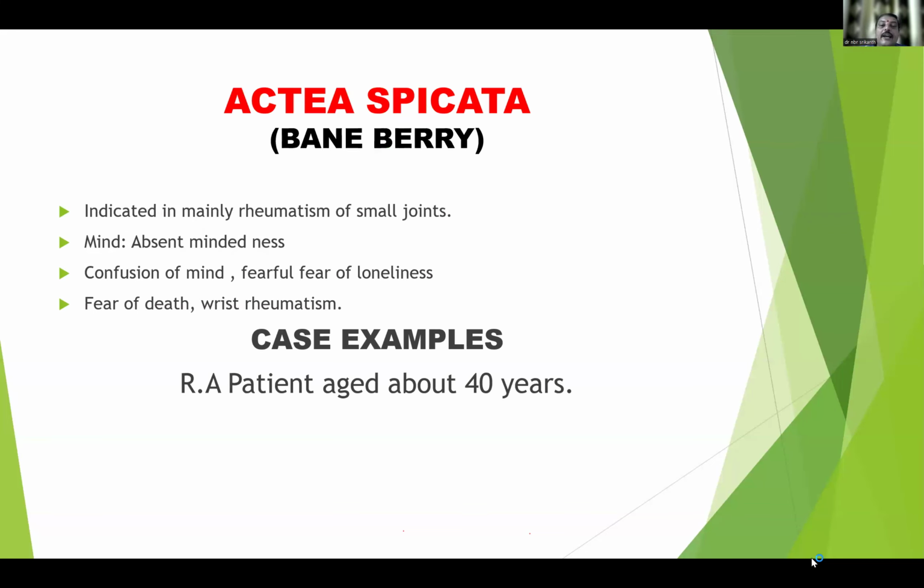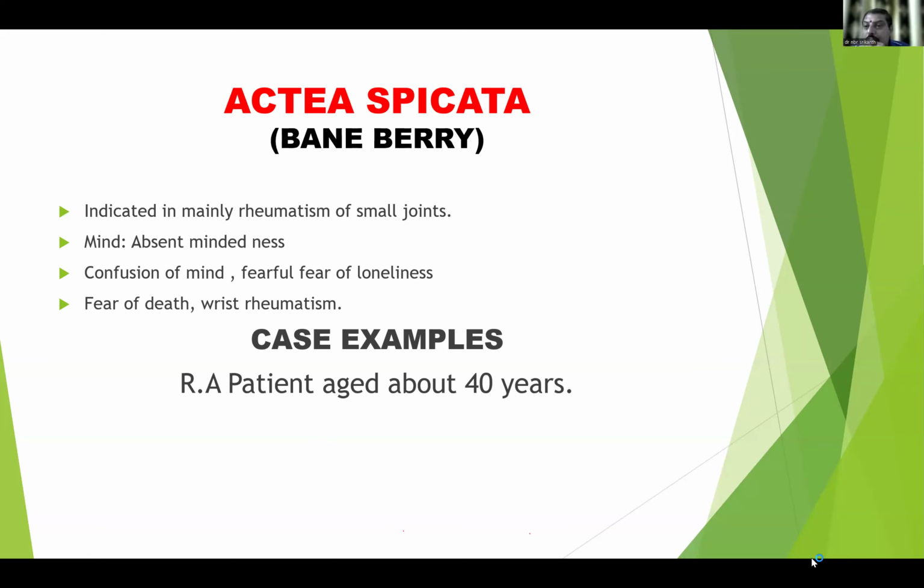So, Actaea spicata, the baneberry, which is its common name. It is indicated mainly in rheumatism of small joints, usually the wrist joints or finger joints. The patient may not say small joints; he may say pains in the hands and legs.